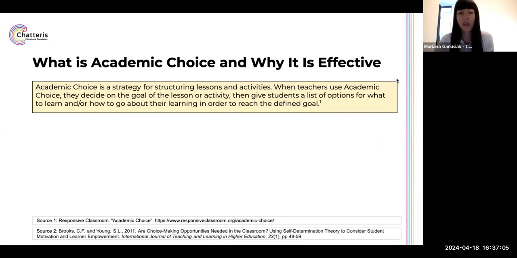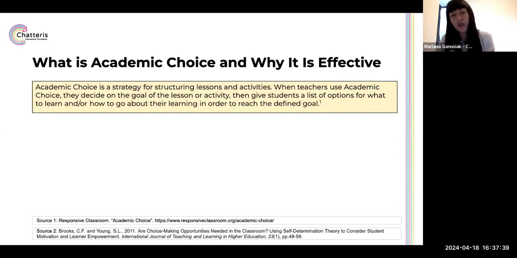Okay, so academic choice is a strategy for structuring lessons and activities. It doesn't matter whether you teach English, history, or science, you can always incorporate some options for students to choose from into your lessons. Typically, when teachers start planning lessons, they start by setting lesson objectives, and then they usually design a set of activities for all students to complete in lessons.